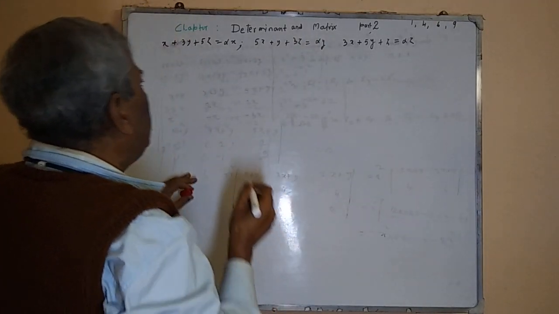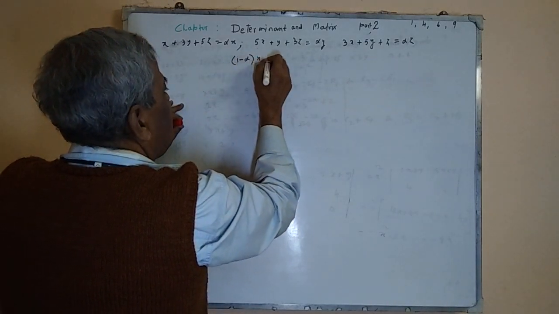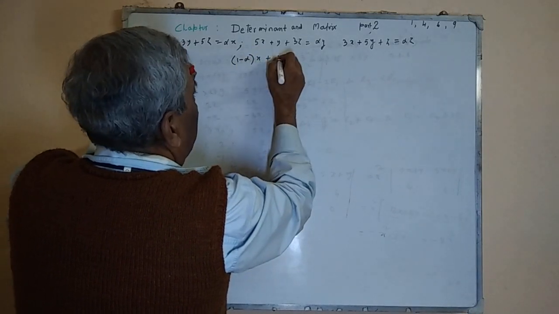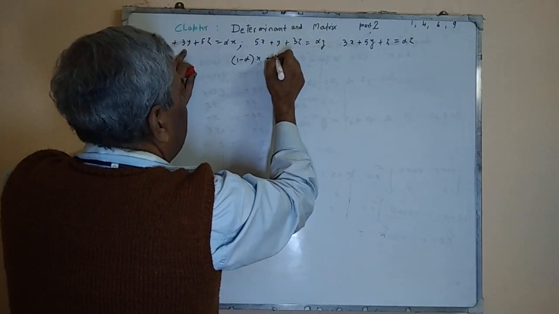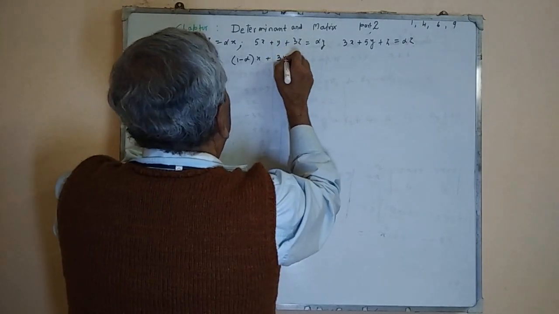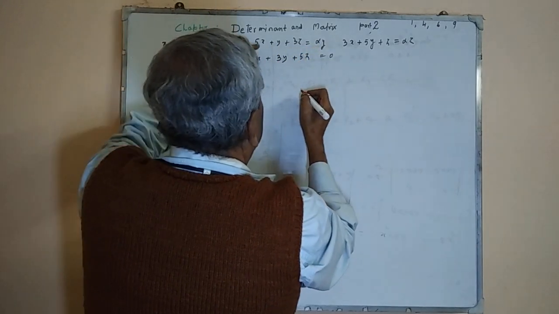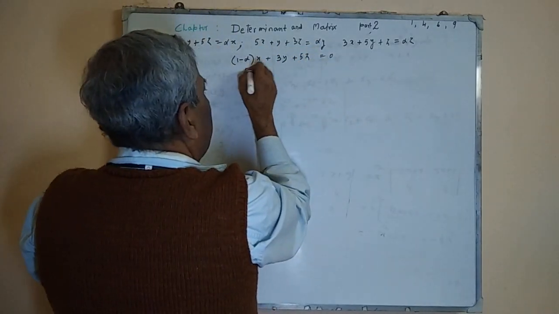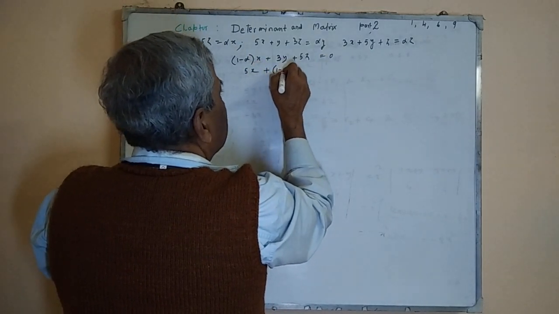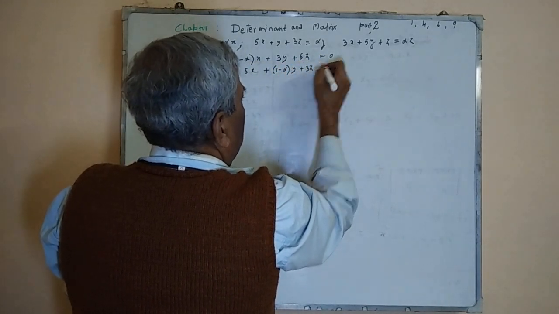The equations can be written as 1 minus alpha into x plus 3y plus 5z is equal to 0. This becomes 5x plus 1 minus alpha into y plus 3z is equal to 0.